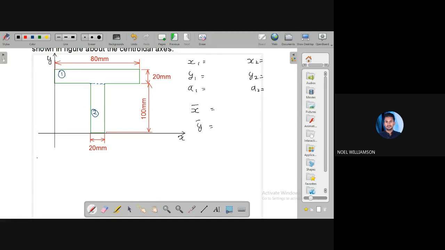Then IGXX1. So first of all, find the values of x1, y1, a1, x2, y2, a2, x bar and y bar.